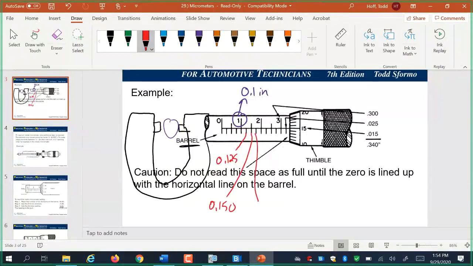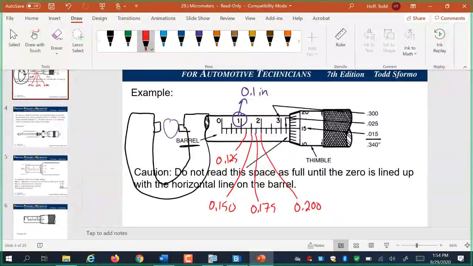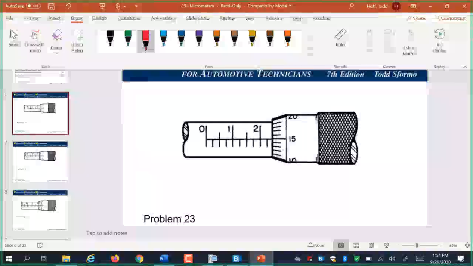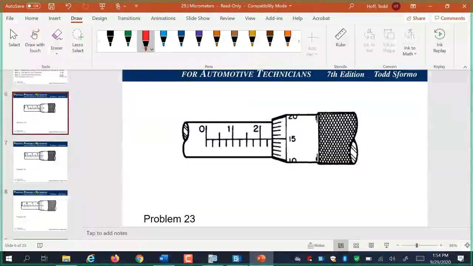That's 0.175. And this is 0.2, or 0.200, we should really call it. Then the thimble is the part that spins. That has the rest of the number, the 25 thousandths that we need to add to that piece. Let's look at some examples here, to make it a little bit easier to actually read them.